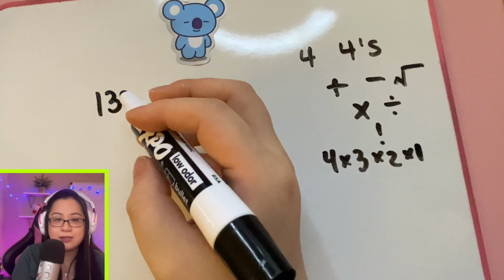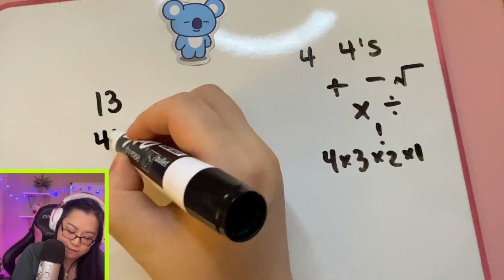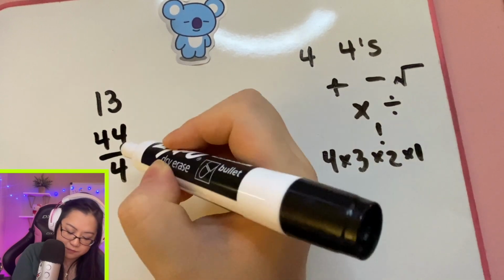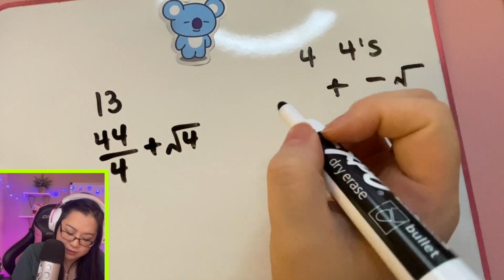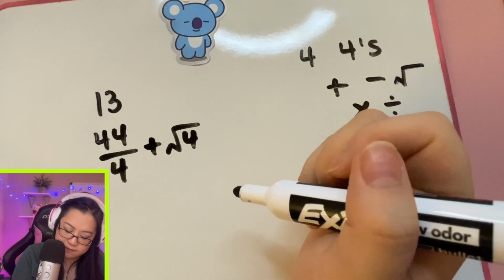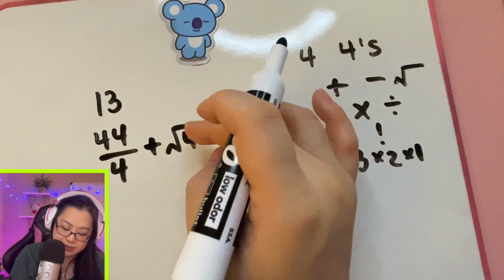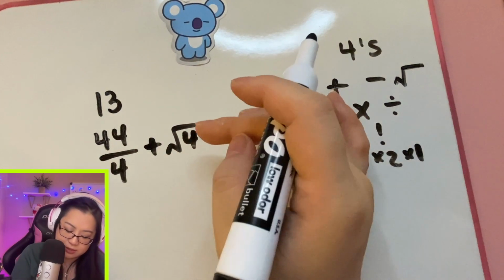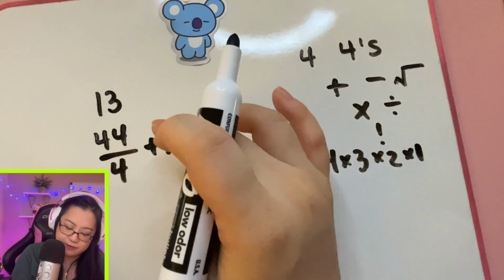So I need to get a large number, so 44 over 4 is 11 plus root 4. There we go. That's 11 plus 2 is 13. Although, if I needed that for 10, I could just do this minus this. Or like 9, that's what it is, 11 minus 2.